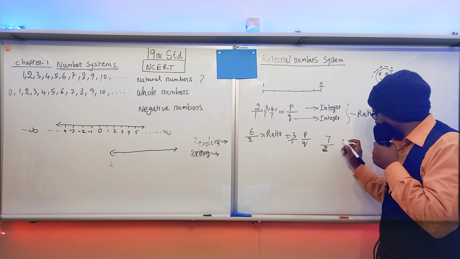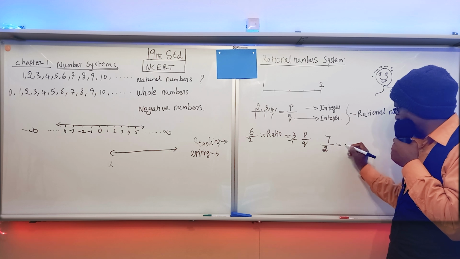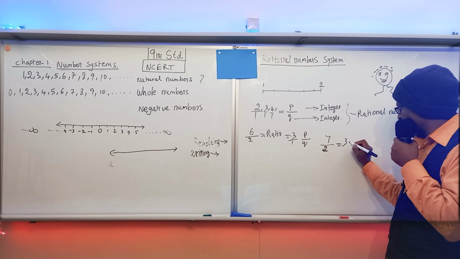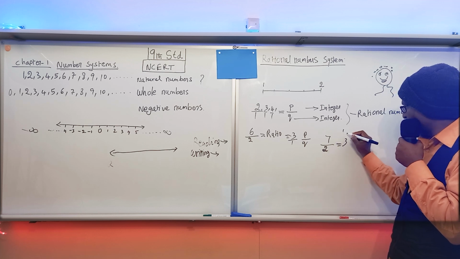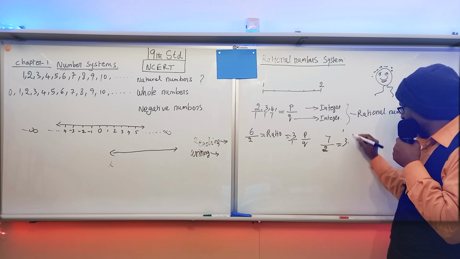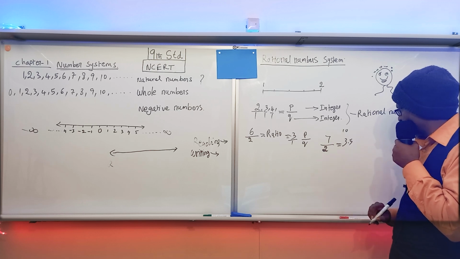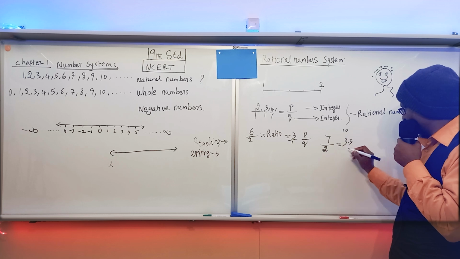You will learn it later. This 7 by 2, what do I get? 3 times 2 is 6, but then I am left with 1. So point 0 is the remainder, 5 times 2 is 10. So I get 3.5.